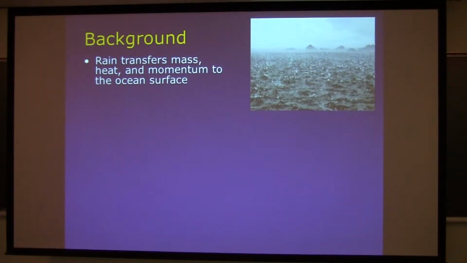So why study rain? Rain transfers mass, heat, and momentum to the ocean surface. Rain carries both inorganic and organic compounds. It is cool and fresh in its nature, so it cools and changes the salinity of the upper ocean surface, and it's a small object, but it's going fast, and it slams into that ocean surface.